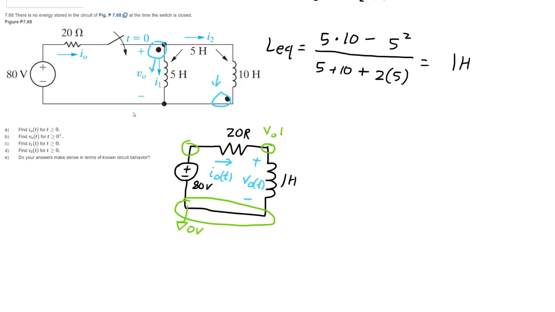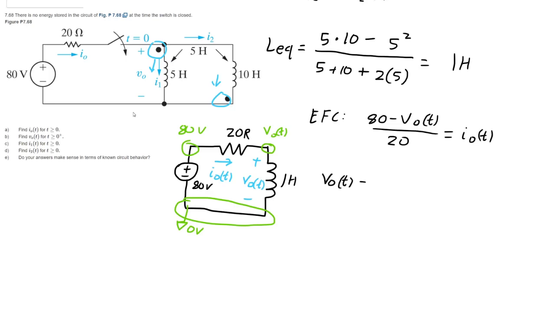It's going to make this v_o(t) and this 80 volts. We'll go ahead and do equations. (80 minus v_o(t)) divided by 20 is i_o(t), and v_o(t) equals the inductance, which is 1 henry, times the derivative with respect to time of i_o(t).